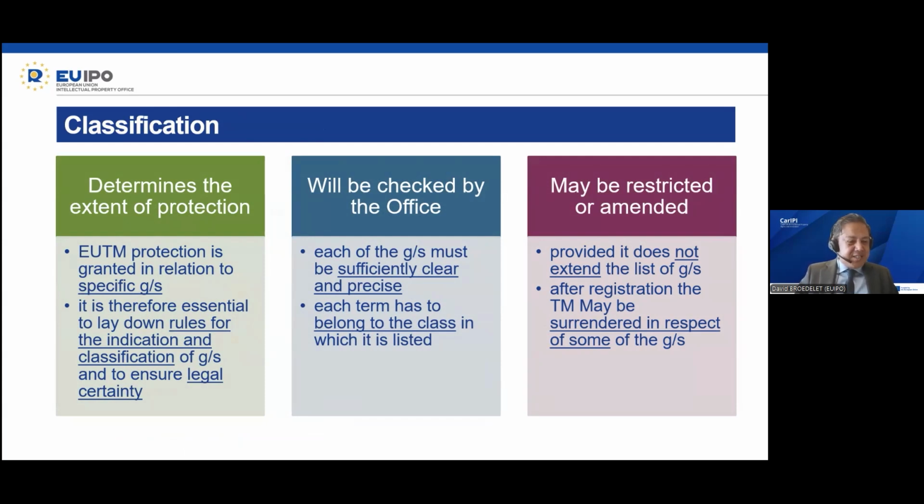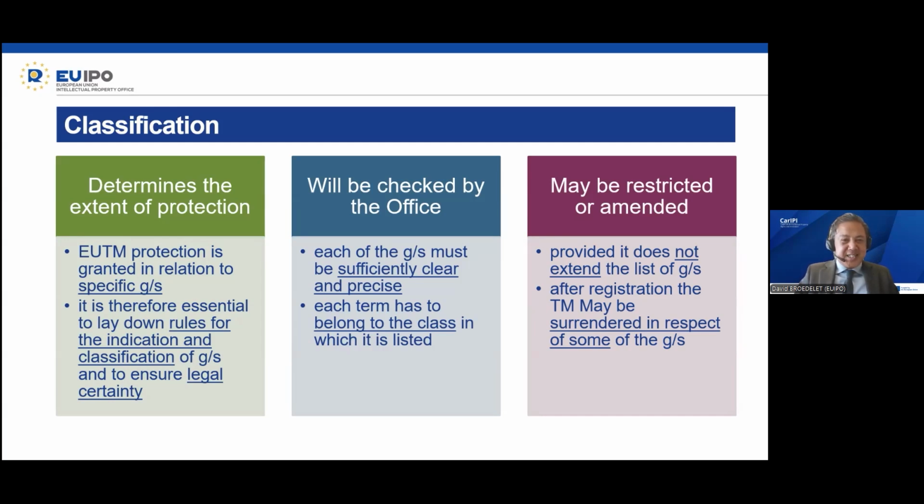Therefore, it is very important that everyone knows what the list of goods and services is, right? This is why each applicant has to make clear and have a clear list of what it is that they want the trademark for, so that everybody knows what it is for.